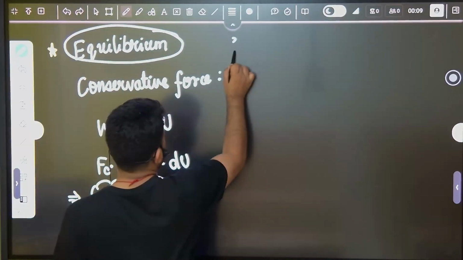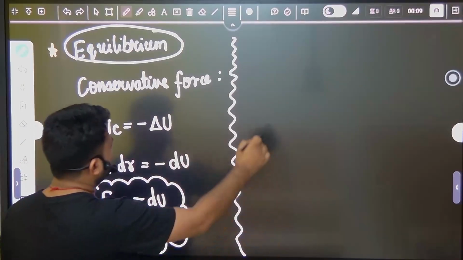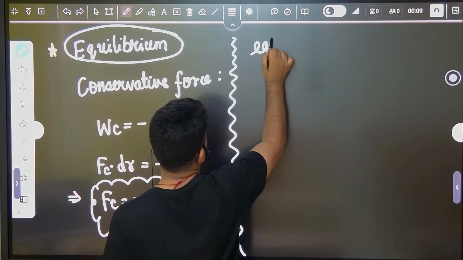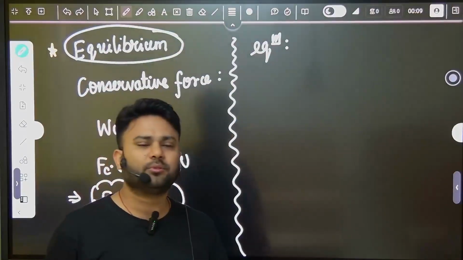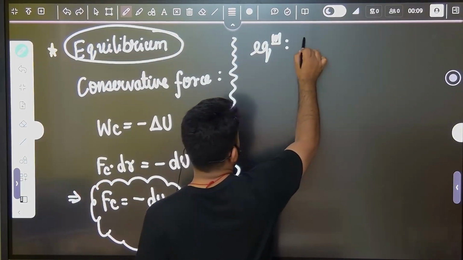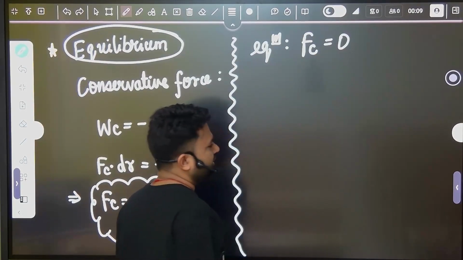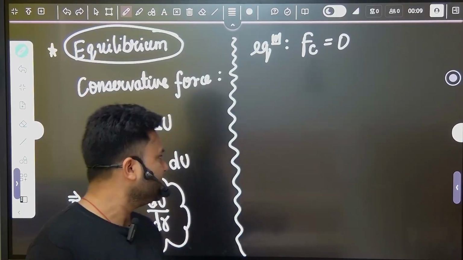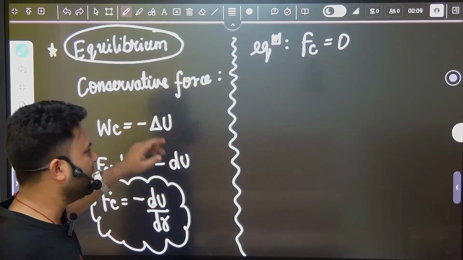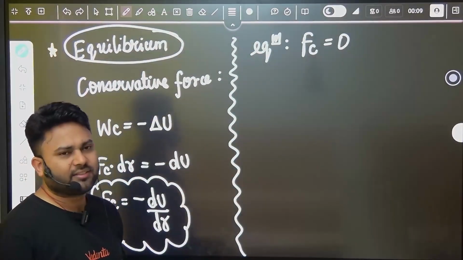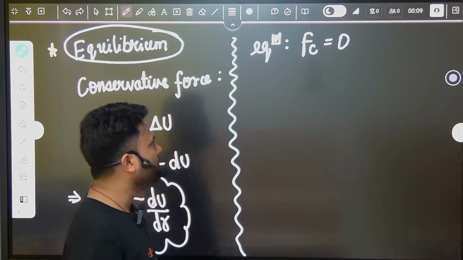Now see, if there is equilibrium, what we say is that net force on the particle is zero. So in equilibrium, this Fc should be zero. We are considering only conservative forces are there. I told you, there will be conservative force only. So equilibrium means net force should be zero, means this conservative force value should be zero.